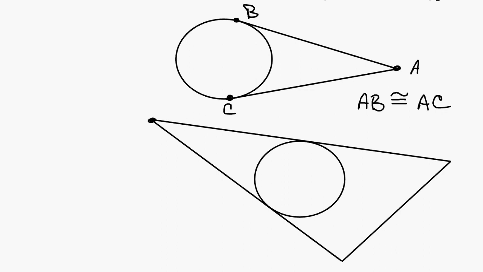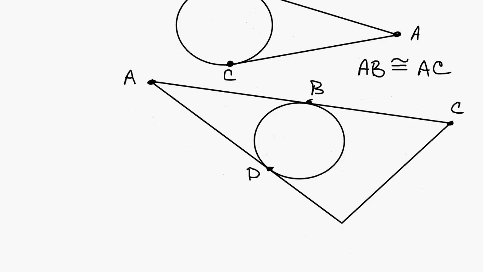Out here, if this is point A, and AB is a tangent, but AB extends to point C out here, and AD is also a tangent, but it extends out here to point E. Well, you still have two segments from the same exterior point tangent to circle F. So in this case as well, AB is congruent to AD. Okay?